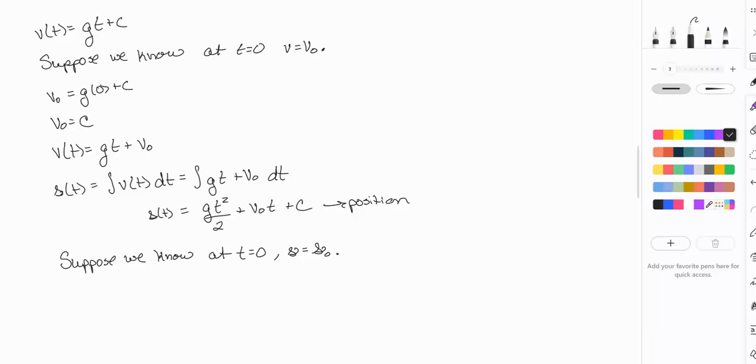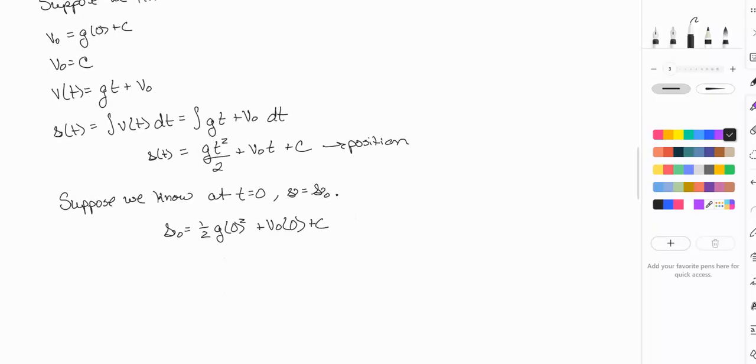So let's substitute everything we know into here. So I'm going to have s naught is equal to 1/2 g times 0, because this is the initial condition, it's what's happening at time 0, plus C. So I'm going to get s naught is equal to C.